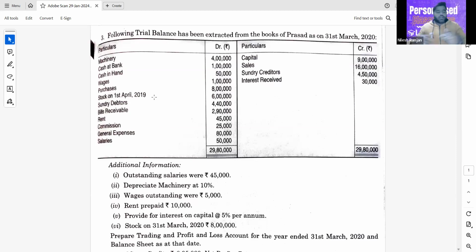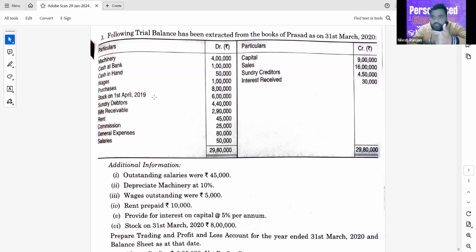Now the process: I have told you in the without-adjustment part that we have to go by serial number. Every item we have to write in the final account, that is trading, profit and loss, or balance sheet. But in this part, when adjustments are given, we have to clear the adjustments first by serial number.